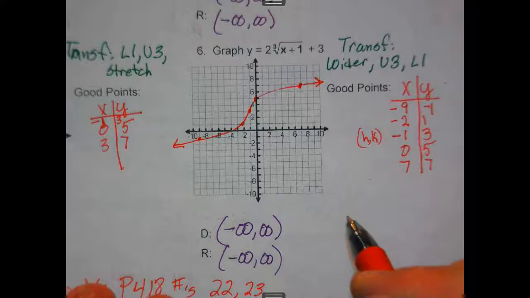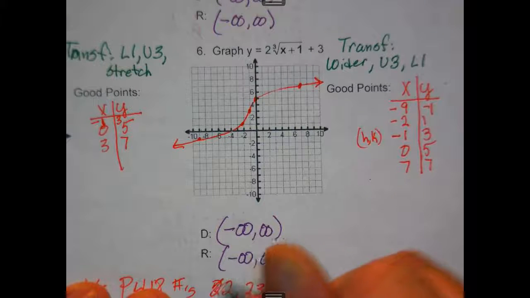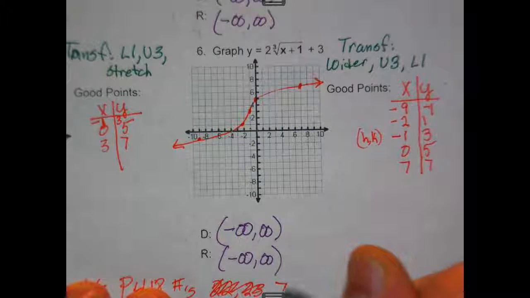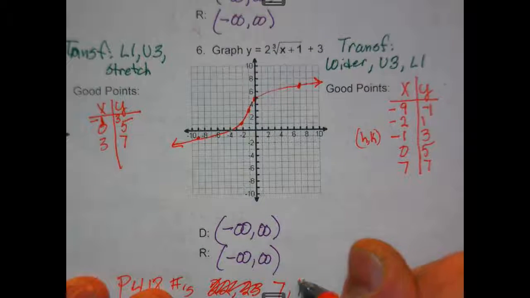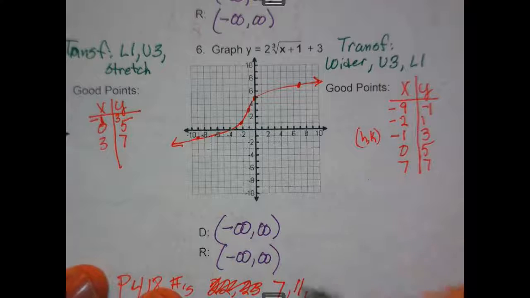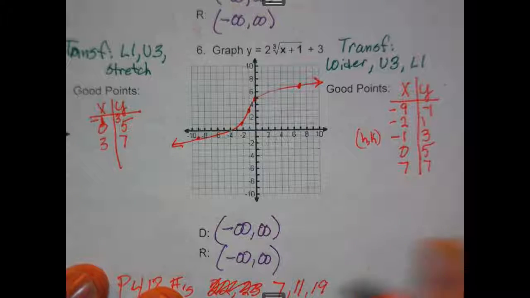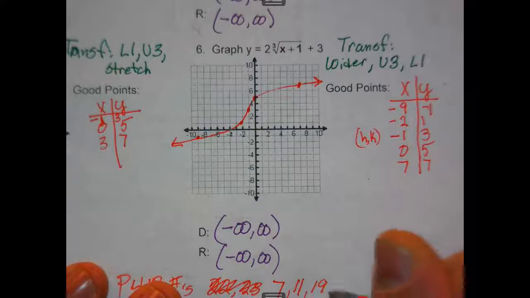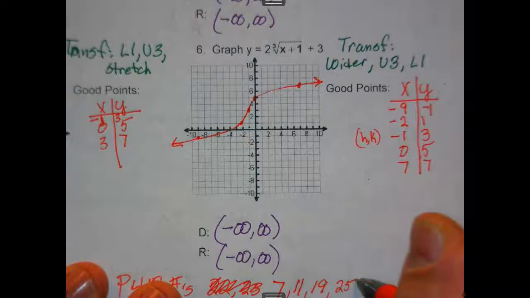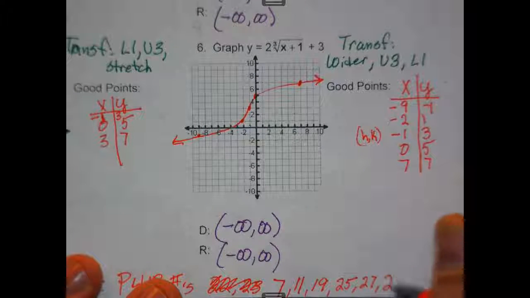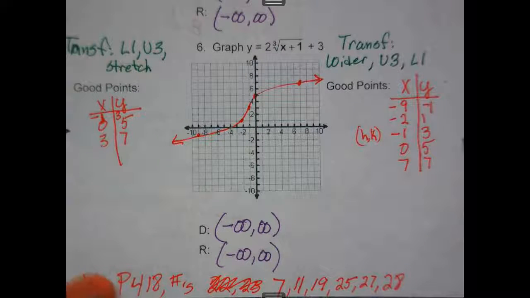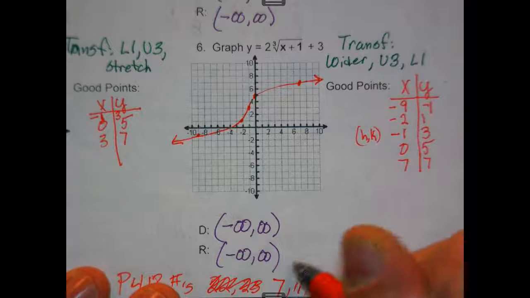Nope, not 22. Number 7. Numbers 7, 11, 19, 25, 27, 28. You're supposed to accurately graph.